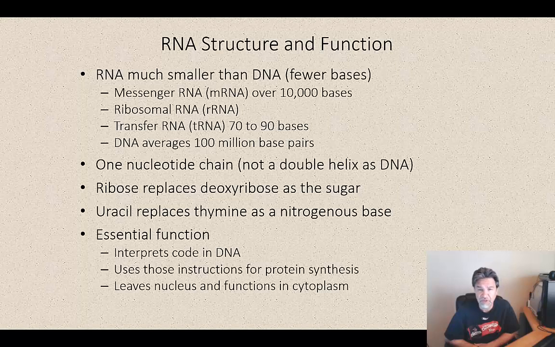Transfer RNA supplies the parts. So let's go back here. We've got the instruction manual from messenger RNA. We've got the manufacturing plant or place for ribosomal RNA, and all we needed was the part supplier, and that's transfer RNA, or tRNA. So now we're able to make a protein out of these components.